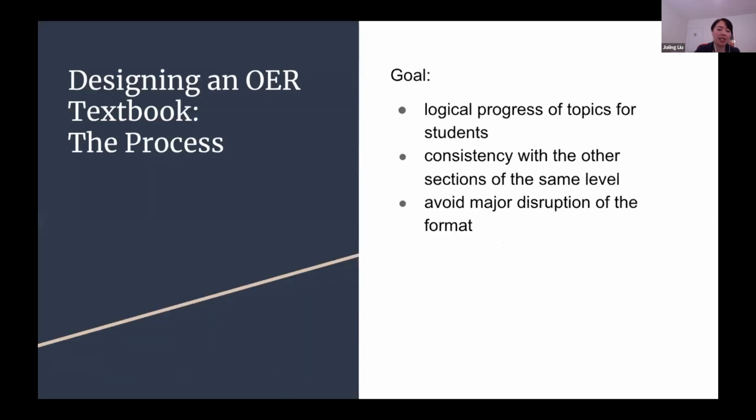And we had to make sure that they had a logical progression of topics. And we also wanted to avoid repetition of the countries they have previously seen, right? Even though everything in our 5 chapter OER textbook is different from the former textbook.